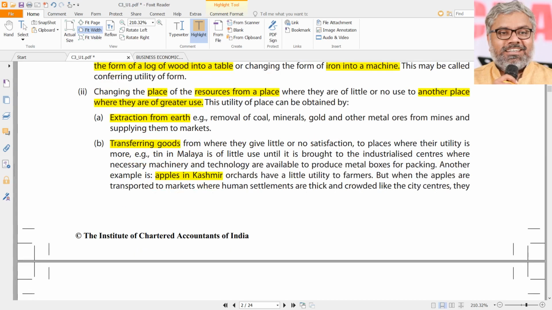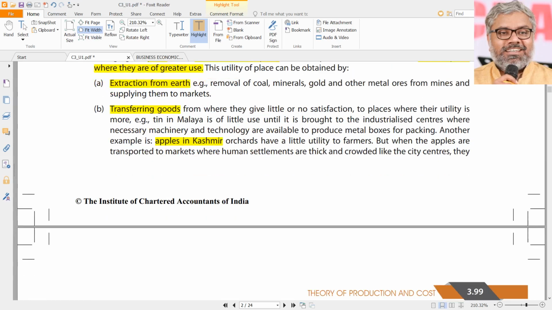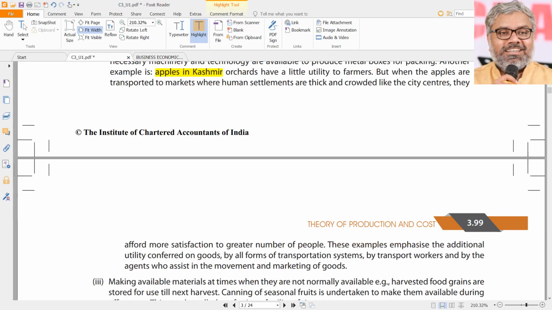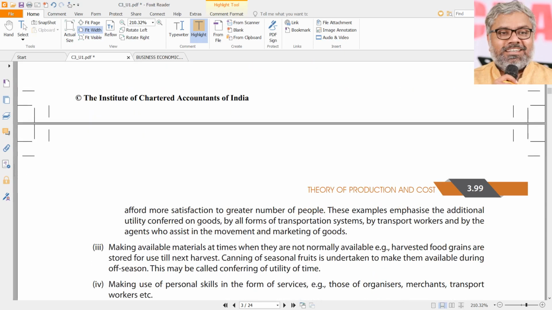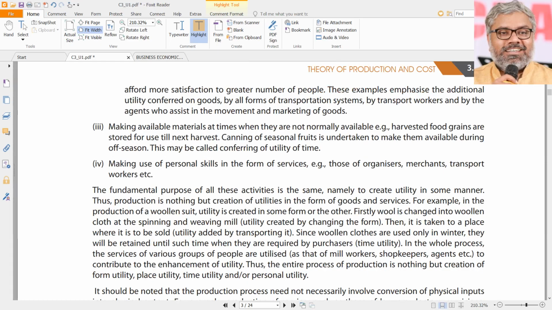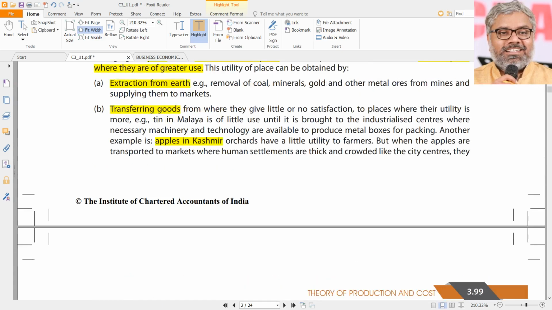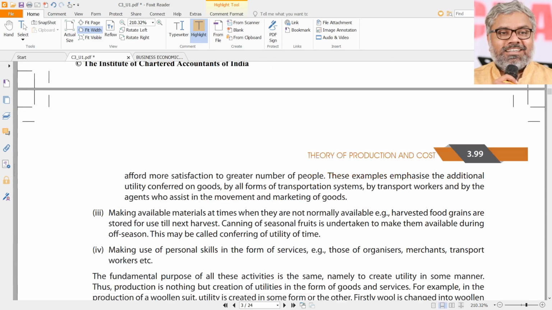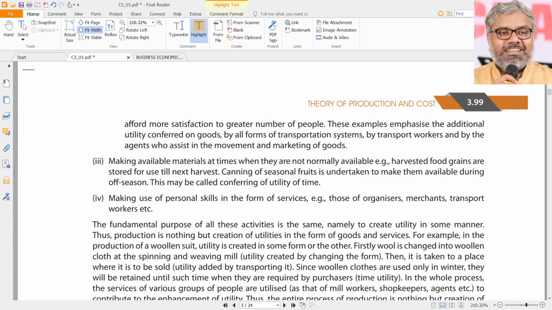So one place utility is created by extracting from the earth. Another type of place utility is created by transferring the goods from the places where they give lesser satisfaction to the places where they give more satisfaction. Once again, I want to stress this point about satisfaction: don't go too much with that. Satisfaction here means real use of it.